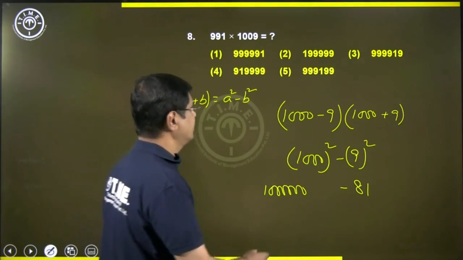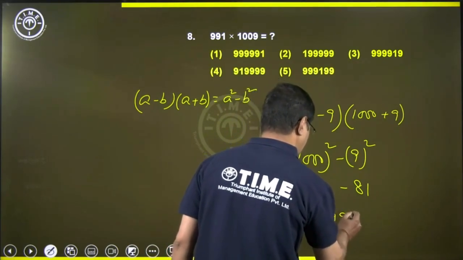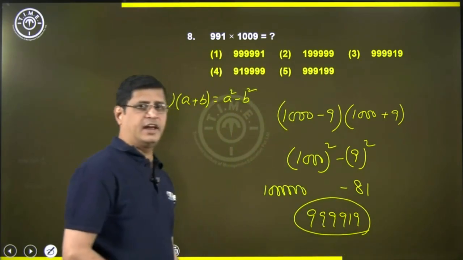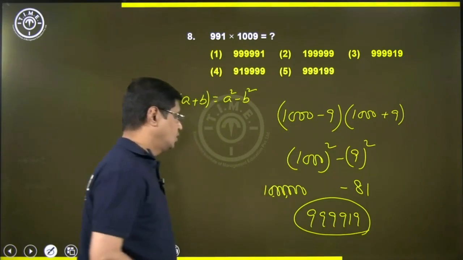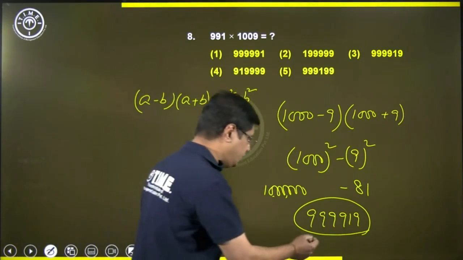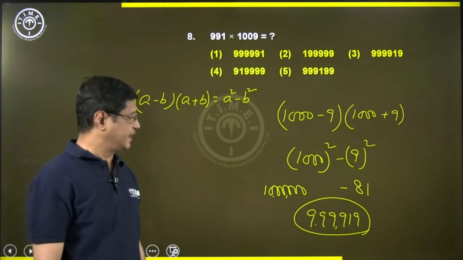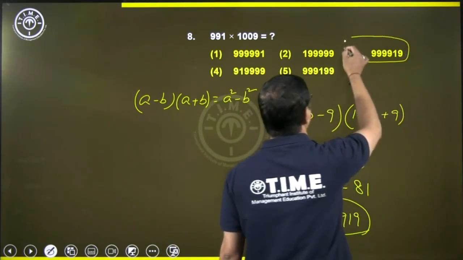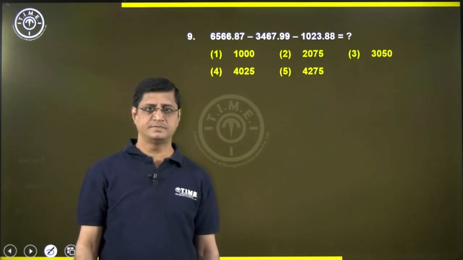Here the result is 999919. The answer choice option 3. Third choice is the answer for this question.